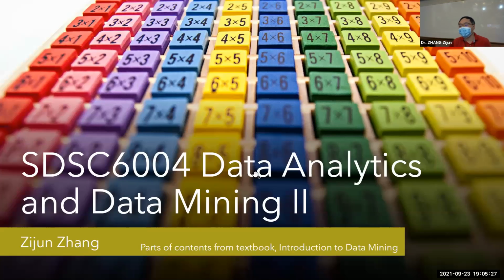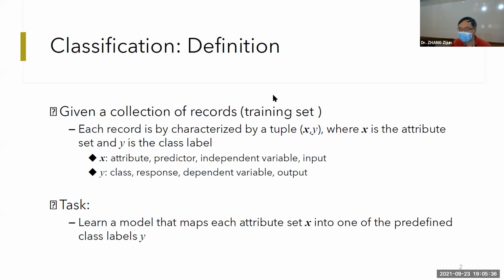All right, today we are going to continue reviewing the data analytics and data mining algorithms. In the previous class, we talked about majorly the unsupervised learning algorithms, mainly the clustering families.